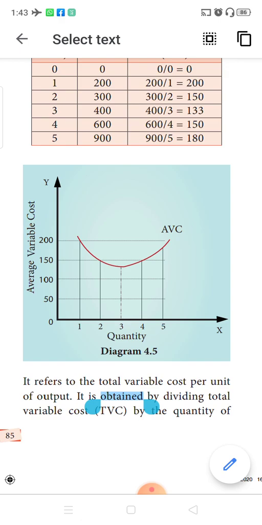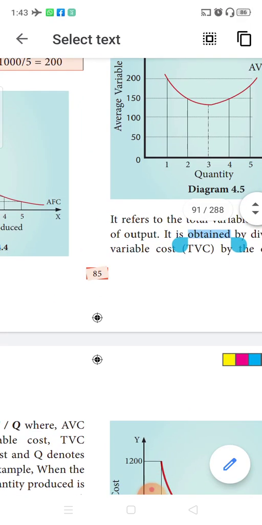So how is the curve looking? It has a U shape. It declines initially, touches the minimum point and then starts to increase. So it is a U-shaped curve.